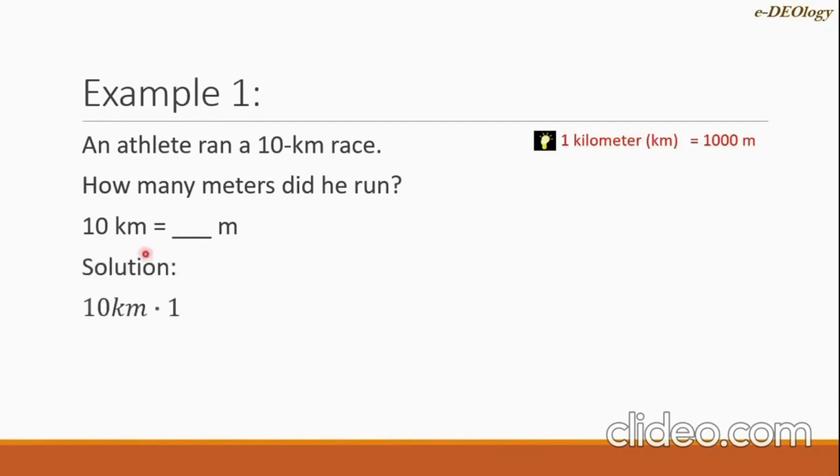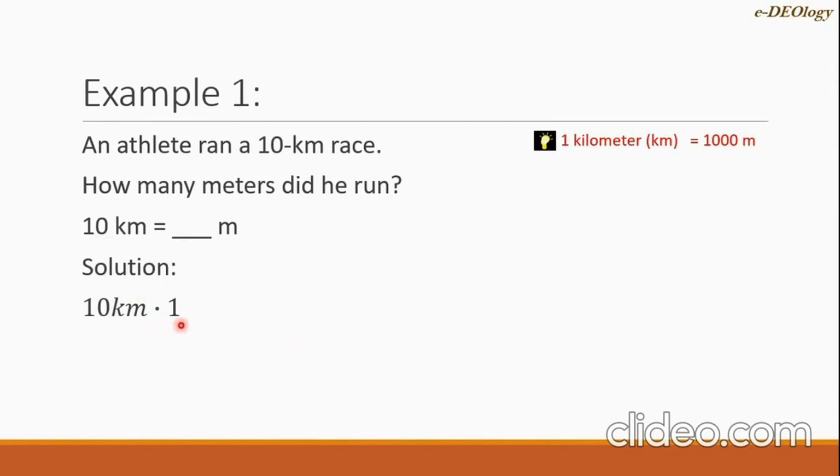So for our solution, we will write again this problem and multiply by 1, or a value that is equal to 1. And this value we will take from this formula here. Take note that we want to delete the km, the kilometer unit.